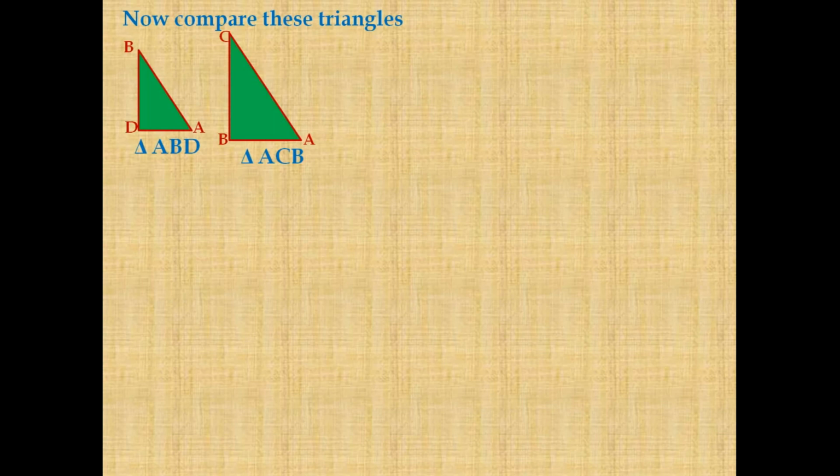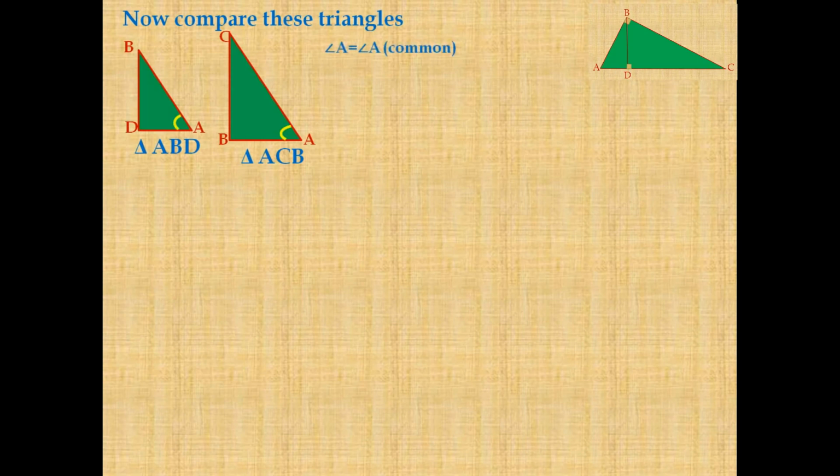And in these triangles, angle A equal to angle A. That is common angle. Next, angle ADB equal to angle ABC. Both are right angles.